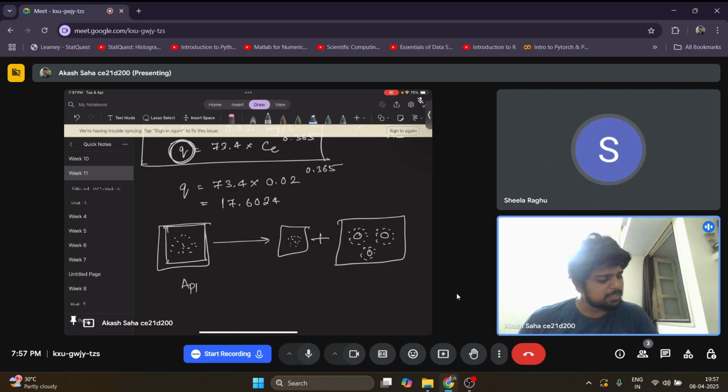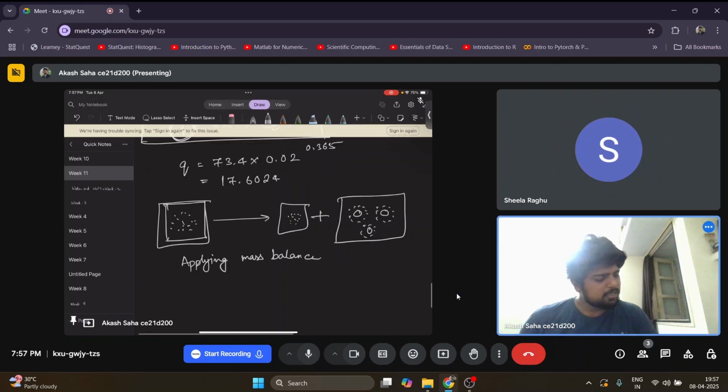Applying the mass balance, the initial concentration C naught will be equal to the final concentration plus whatever is adsorbed. Whatever is adsorbed is nothing but Q, the adsorption capacity, into the concentration of activated carbon.